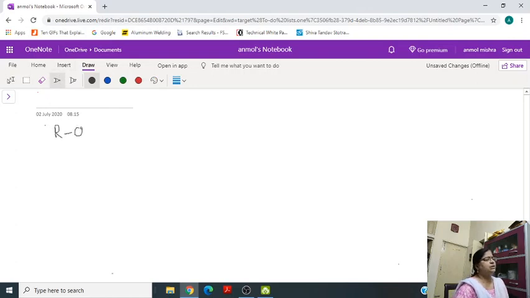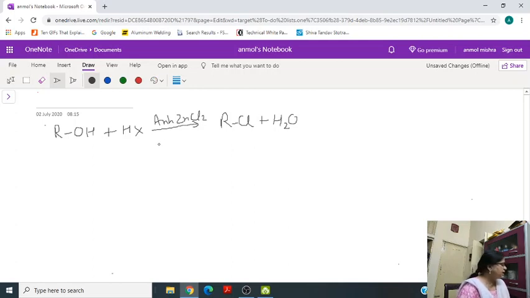When alcohol reacts with HX in the presence of anhydrous zinc chloride, it forms RCl plus H2O. This anhydrous zinc chloride and concentrated HCl is known as Lucas reagent.